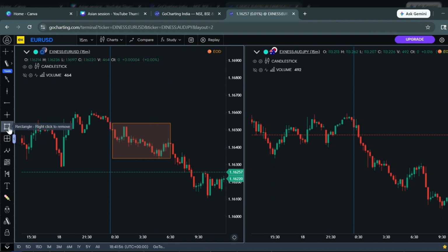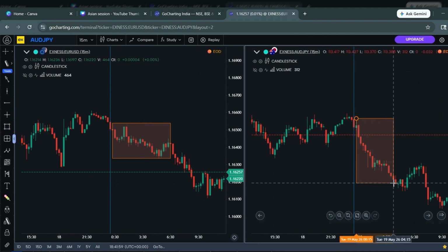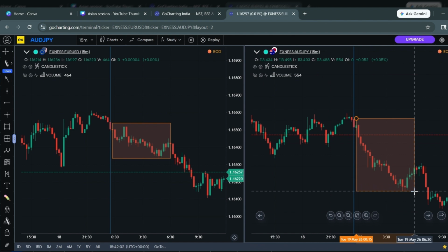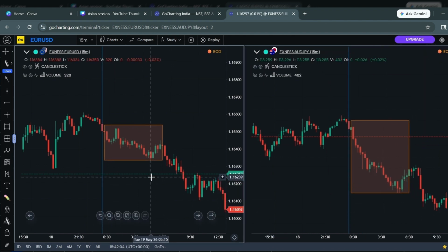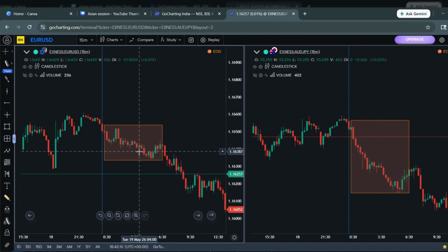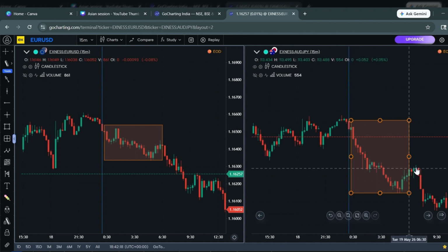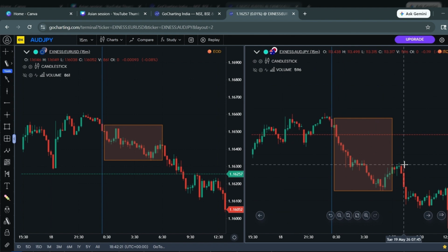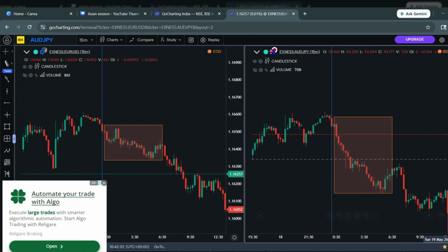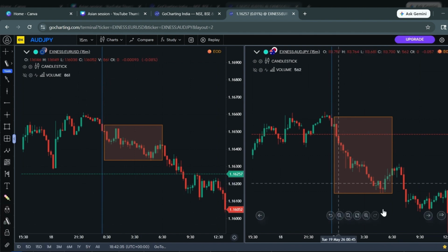This is the Asian range, but as you can see, the Euro USD is not that active on Asian session, but Aussie JPY again, Aussie is weak and Japanese yen is strong in Asian session. Like this, if one pair is stronger and other pair is weaker in a particular session, then they will go trending. But if both are strong or weak, then they will consolidate.